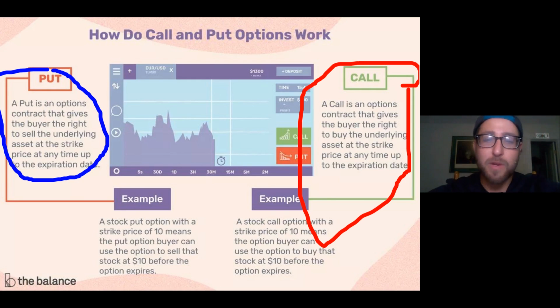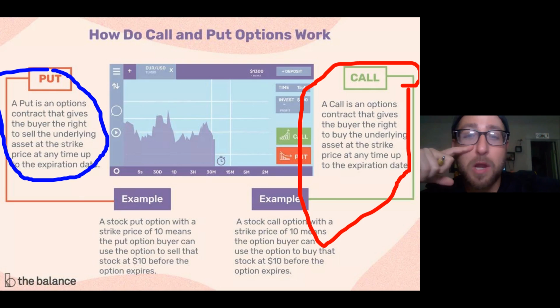So let's talk about call options first. Call options are the right to buy at any time up to the expiration date. With call options, you want the stock, if you buy it, to go up in value. So if you buy a stock at $10, it goes up to $100, you're going to want the right to buy that stock at the $10 so that you're going to exercise it because you're going to have all of that profit.